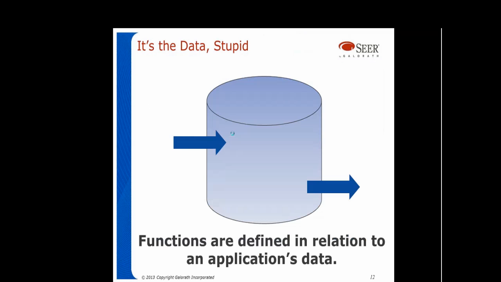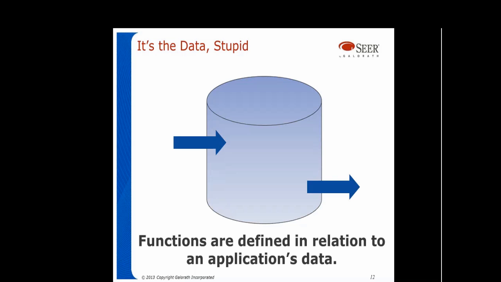The next rule is that applications process data. Almost all applications process data. Data that sits inside the application or data that's external to the application. But most inputs that the user makes are updating data inside or outside the application.